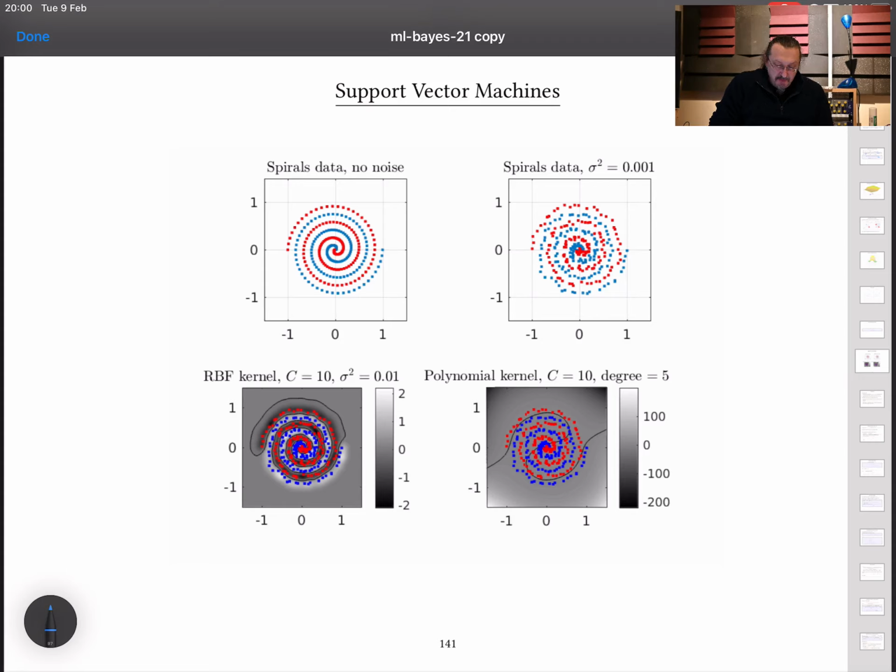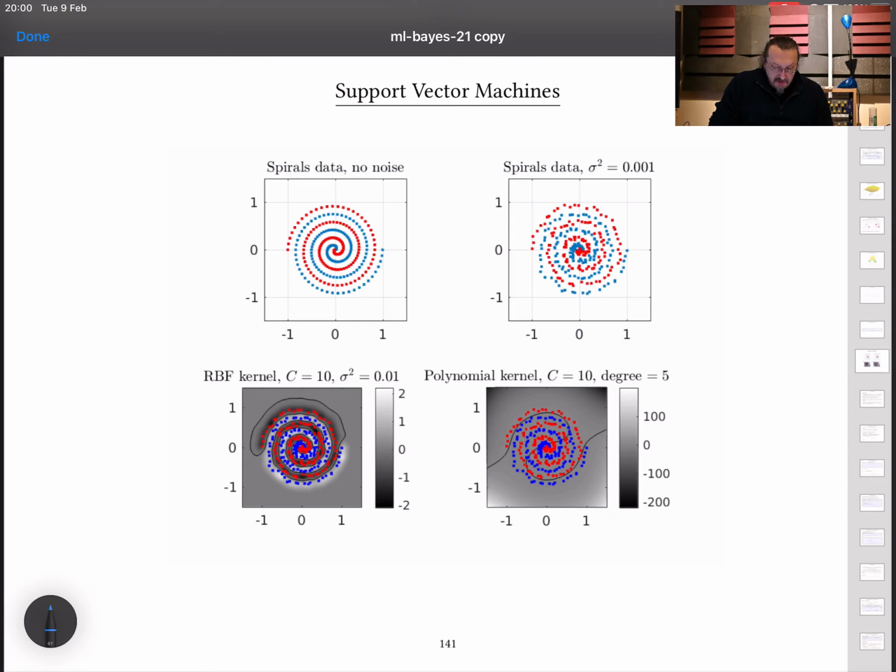And you can see that it's pretty successful in learning this data. It divides the two classes quite nicely. You can see there is a black line denoting the decision boundary that you end up with in this case.